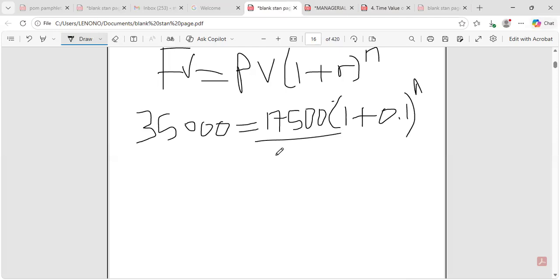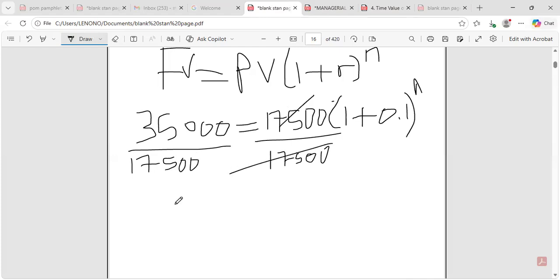So you divide by 17.5, even here you divide by 17.5. You cancel this. So 2 is equal to 1.1 to the power n.